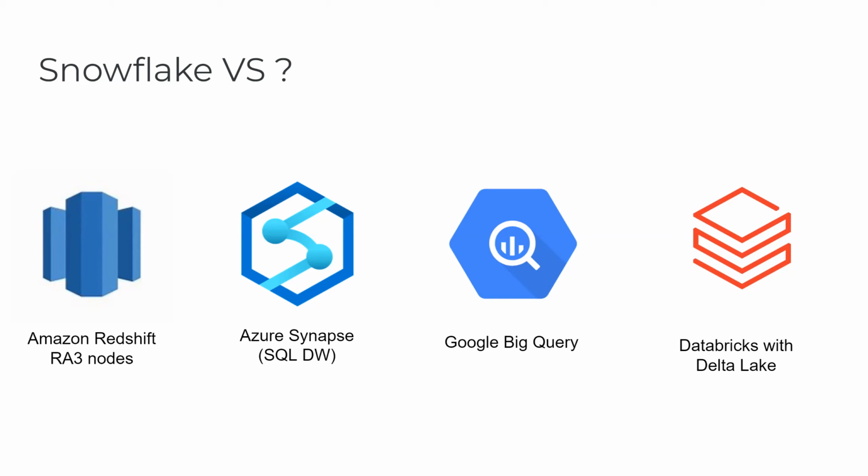Now they completely decouple your compute nodes from your storage. Azure Synapse recently came out of beta, and previously they called it SQL Data Warehouse. This also decouples storage and compute. Then there's Google BigQuery, and Databricks with Delta Lake.